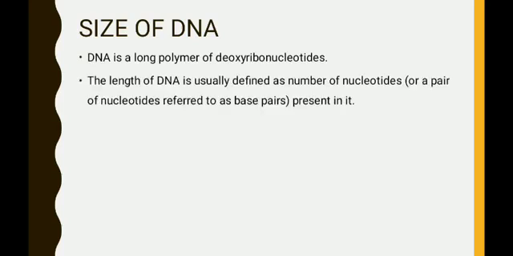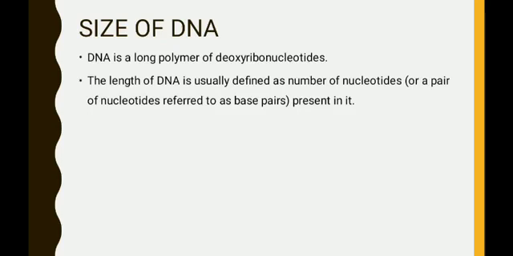The length of DNA is usually defined as the number of nucleotides. The number of nucleotides found in a polynucleotide chain represents the length of the DNA. But DNA is double-stranded.